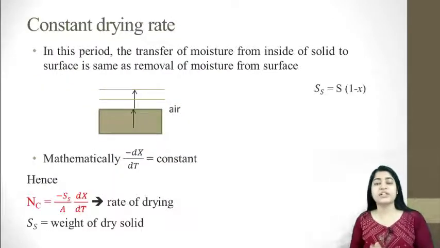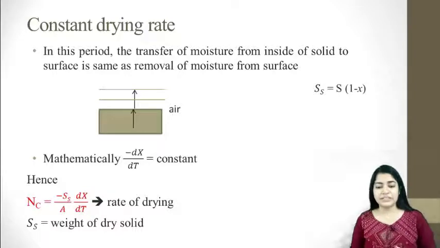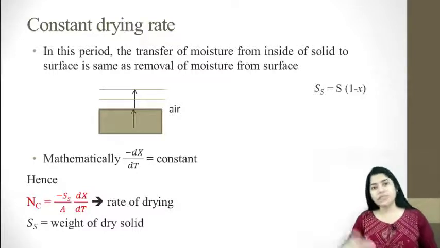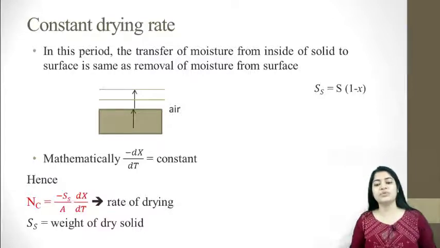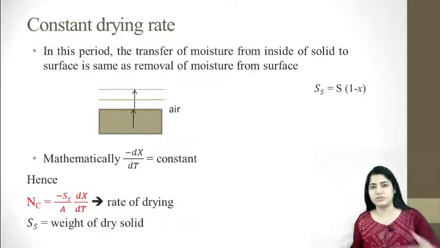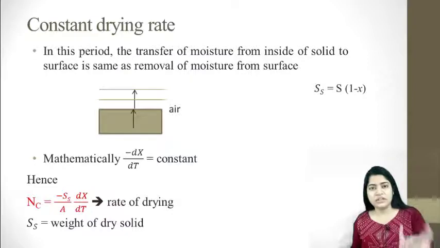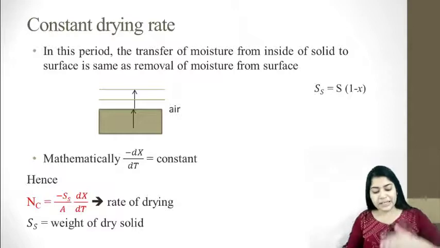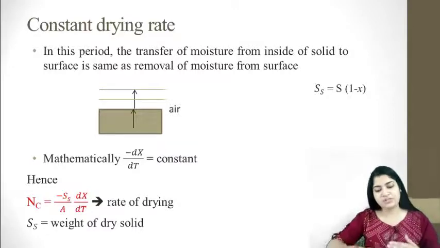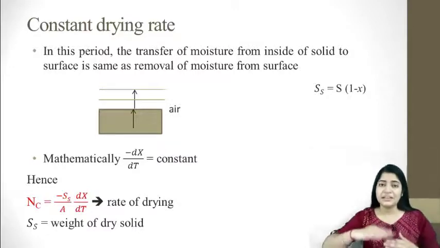So first of all, what is constant drying rate? In this period, the transfer of moisture from inside of the solid to the surface is equal to the removal of moisture from the surface. Of course, your solid might be porous also, so evenly your moisture is distributed from beneath that body. Your moisture has to reach the surface first of all.